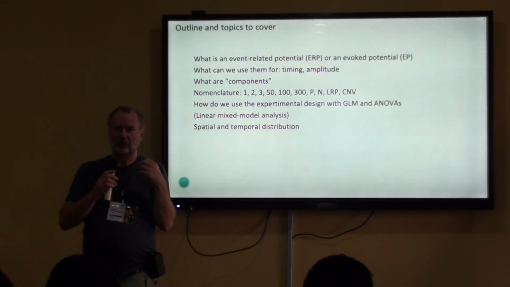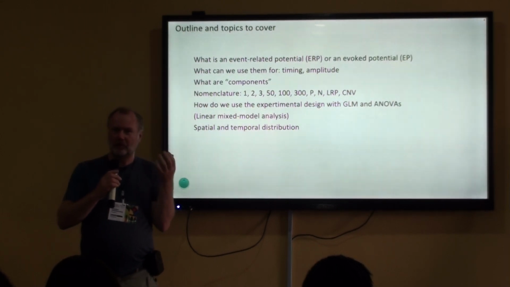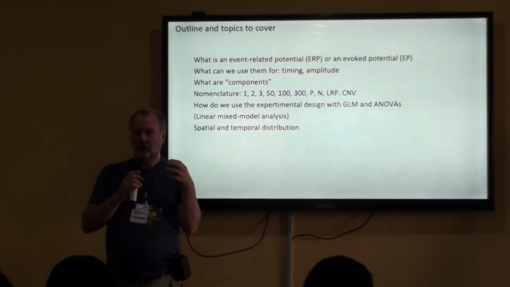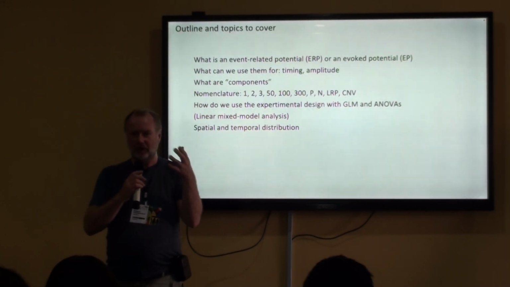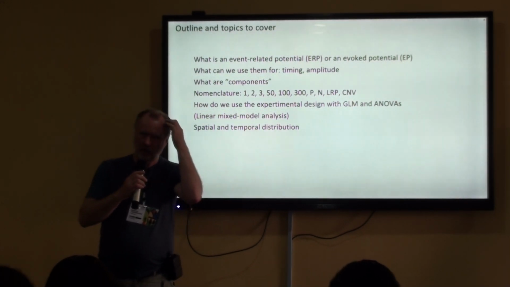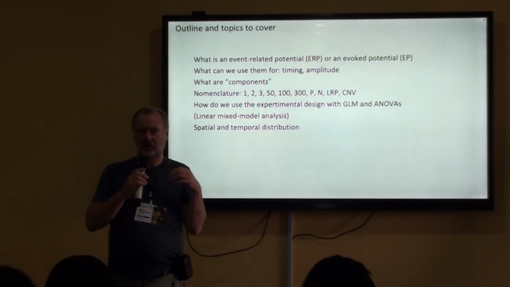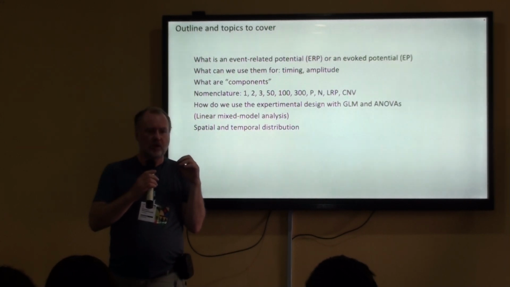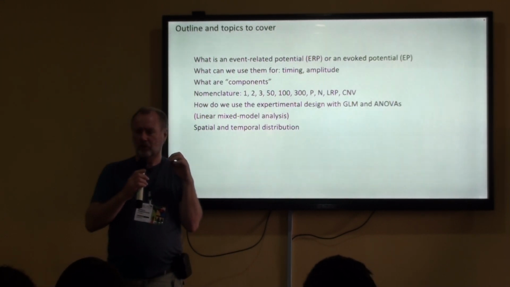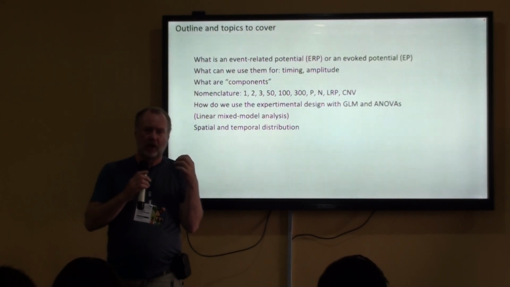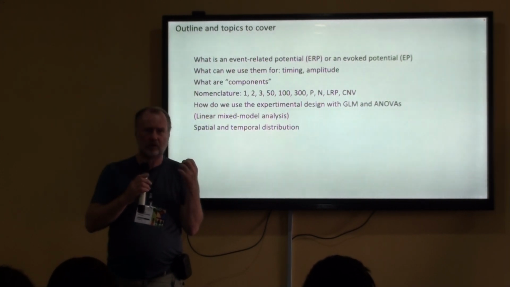ERPs have components. ERPs have a specific nomenclature. So we give them names such as the N1 or the P2. And what does the 1 and the 2 and the P and the N mean? If we can get to this, we might also want to go into how we use the experimental design together with general linear models or with statistical techniques such as analysis of variance, or ANOVAs.